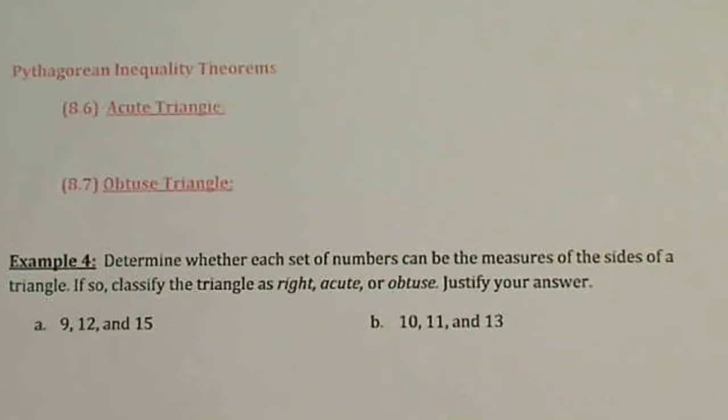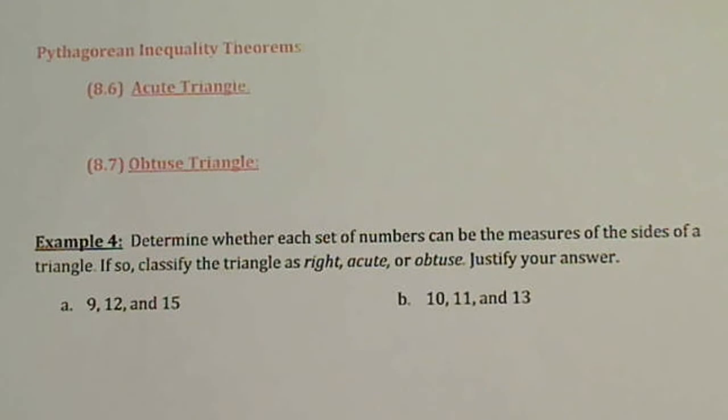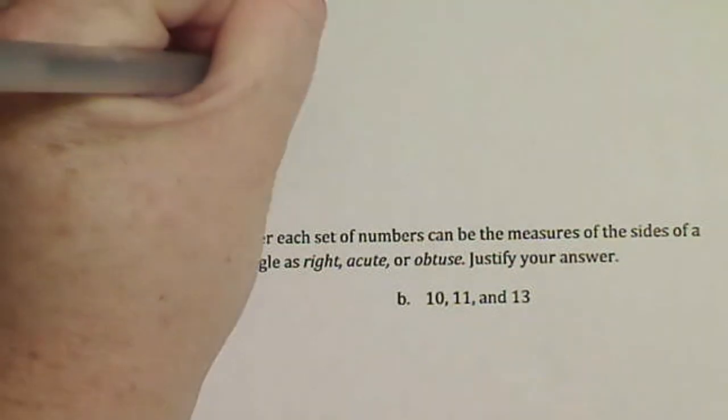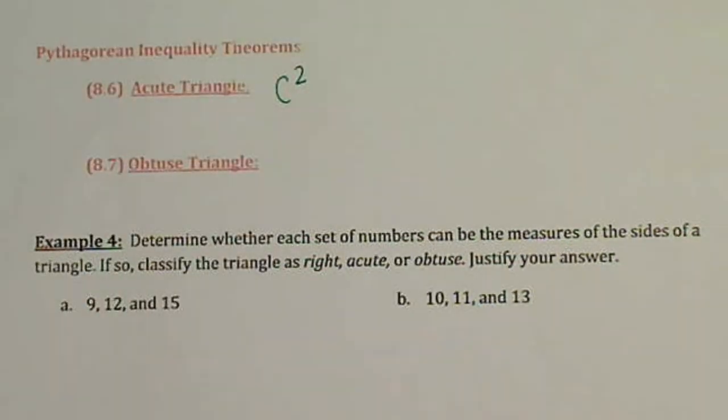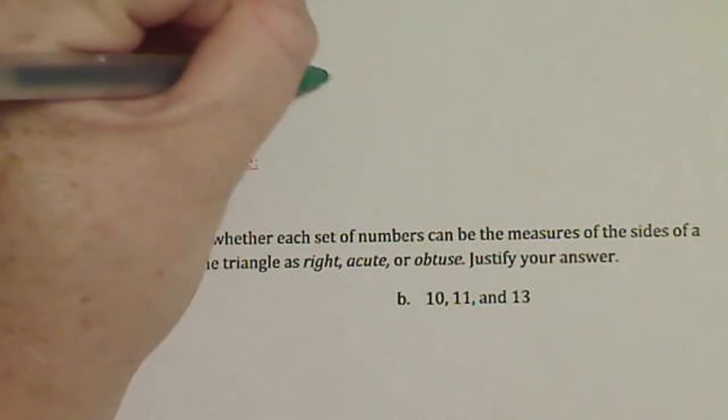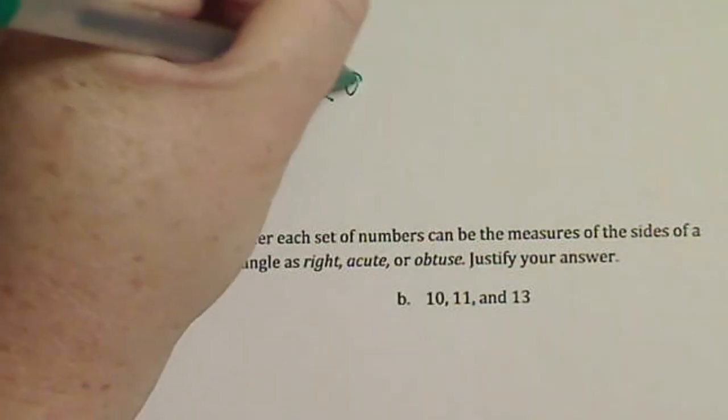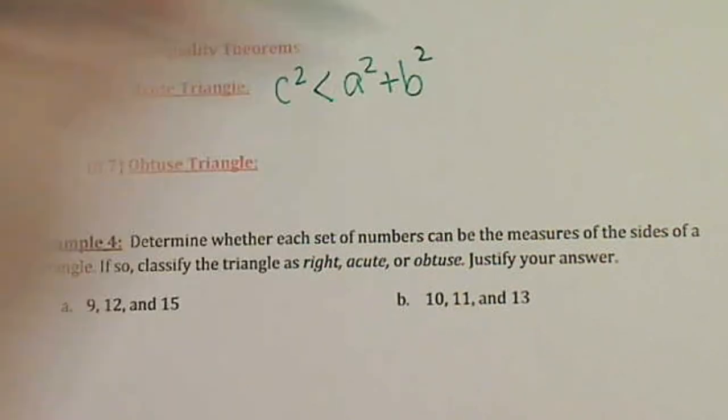Okay, turn the page to number 4. And before we get to it, we're going to talk about 2 inequality theorems. These theorems are in your book, but instead of a squared plus b squared equaling c squared, this is saying that if you have an acute triangle, your longest side, which is always c squared, is going to be less than a squared plus b squared.